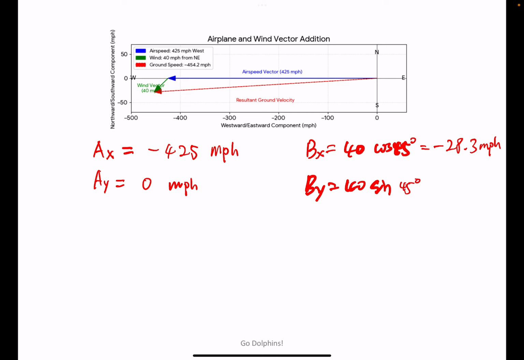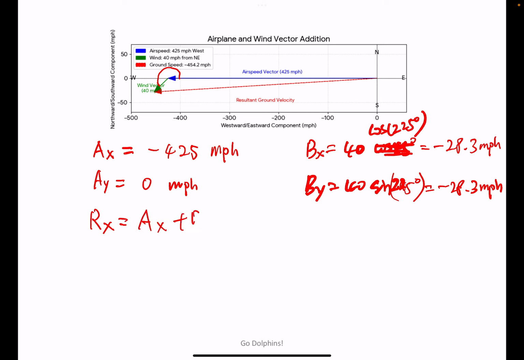45 degrees. Now you would ask why I have a negative, right? So this is actually a good question. If I would write it, I would write 225 degrees for the angle of the wind, because if we go from 0, the angle of the wind is actually 225 degrees. So you do this, you automatically get the negative. Okay, so now add that together, the x of the speed, the total speed, ground speed, add it up.